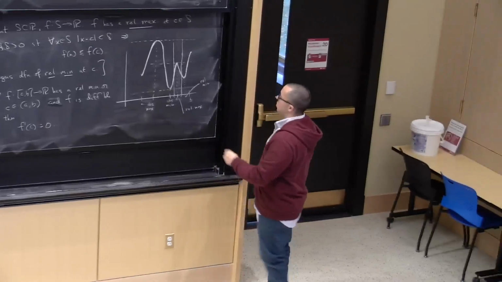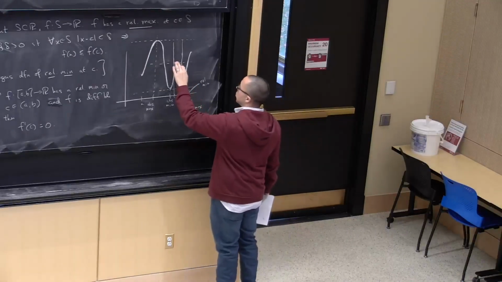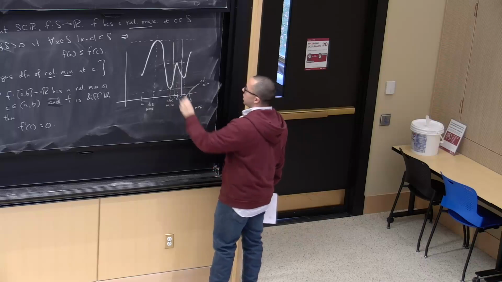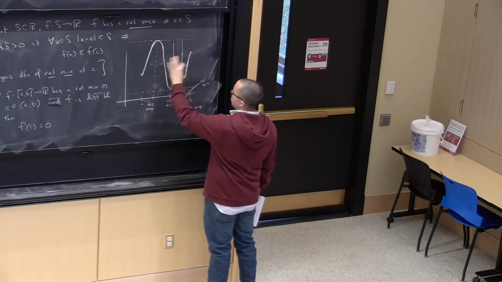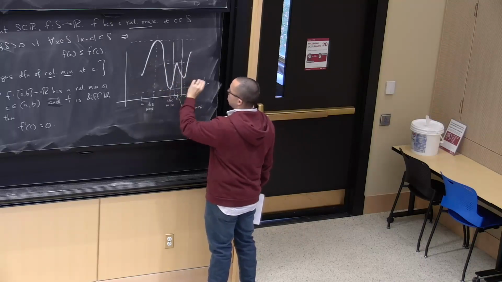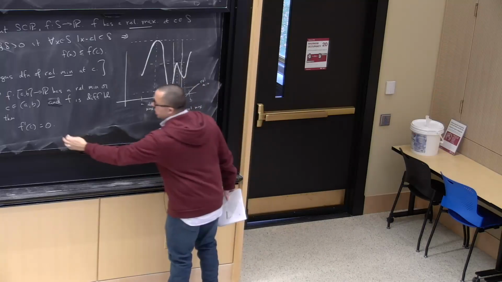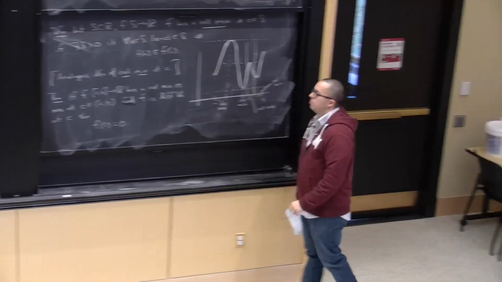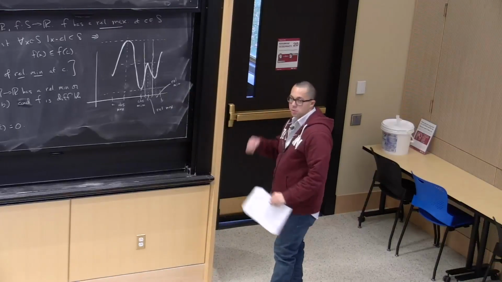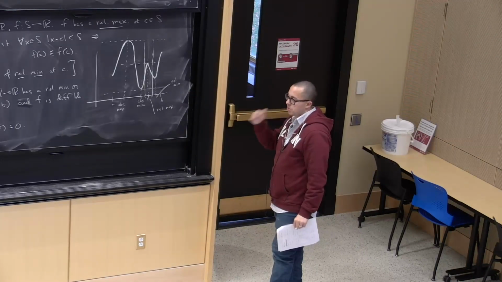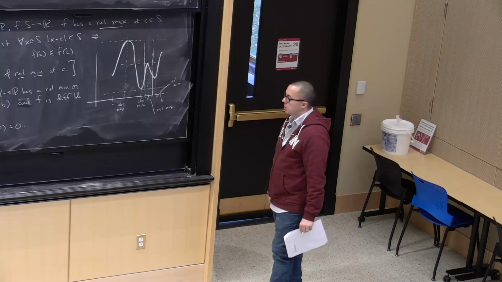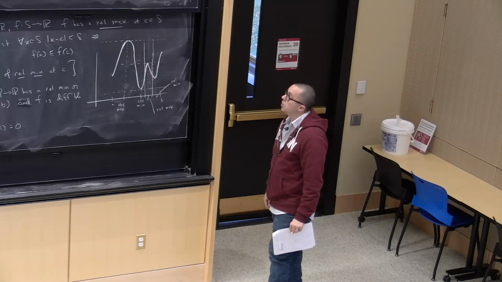And this is kind of clear from this picture, although this might look more like a sawtooth, but the tangent at this point is horizontal, and the tangent at this point is horizontal, which is just expressing that f prime of c equals 0, right? So f prime of c is supposed to be the slope of the tangent. Okay?